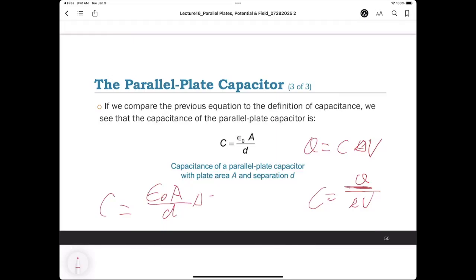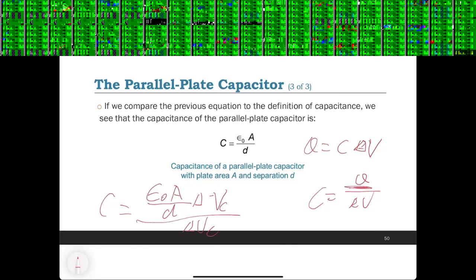This one. So A divided by D, times delta V, divided by delta V, so which means the delta V will be removed and it will equal this one. Am I right? So this is the capacitance of a parallel plate capacitor.